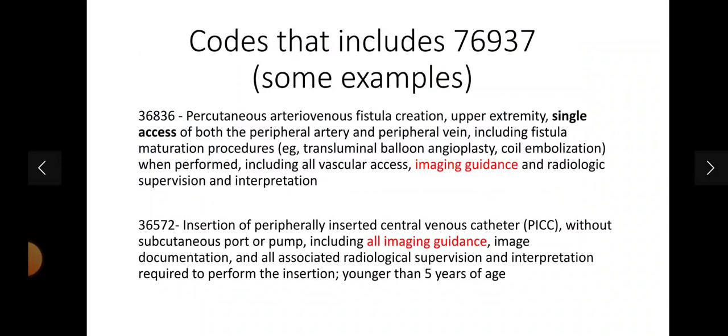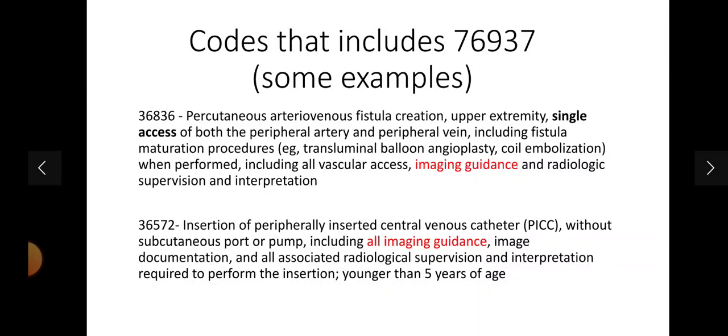There are many codes which include 76937. I have taken just two codes here to help you understand. You should not use 76937 with these codes because it is bundled in them, so when it is included, you cannot code CPT 76937. Here you can see 36568 and 36572.